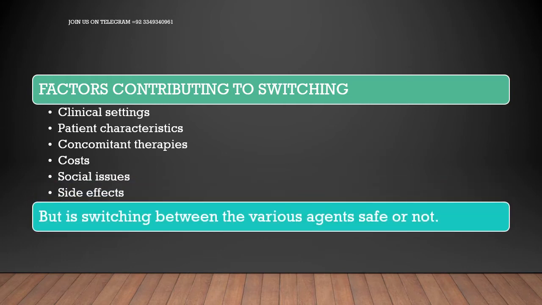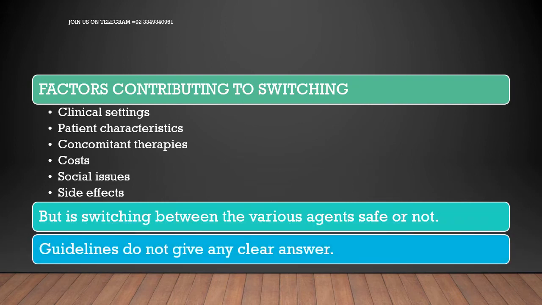But an important question arises, whether switching between the various agents is safe or not, and unfortunately the guidelines do not give any clear answer to this question. In other words, at present, data from large-scale clinical studies to guide the optimal approach to switching P2Y12 inhibitors are limited, and most data are derived from pharmacodynamic studies.